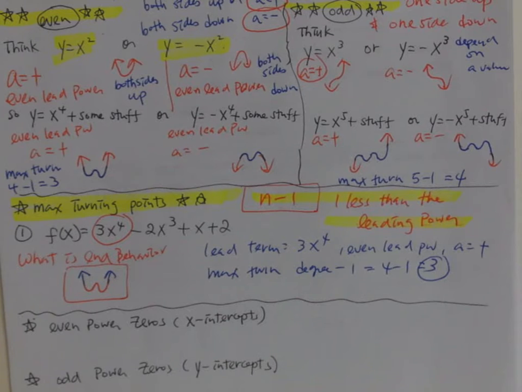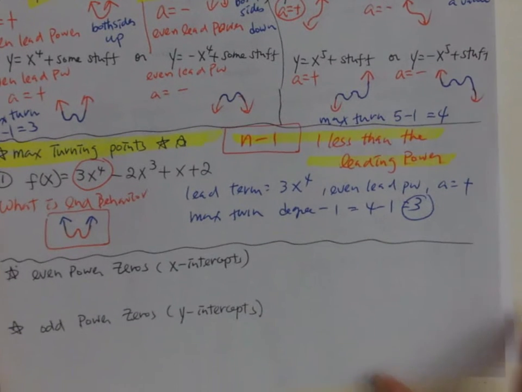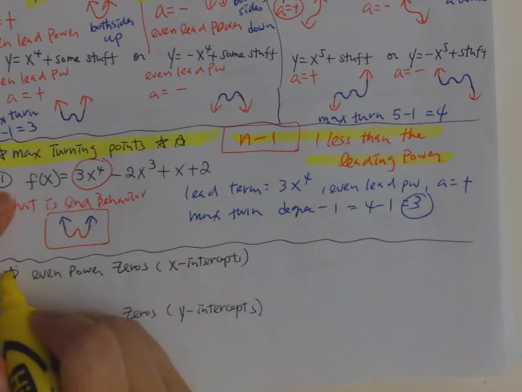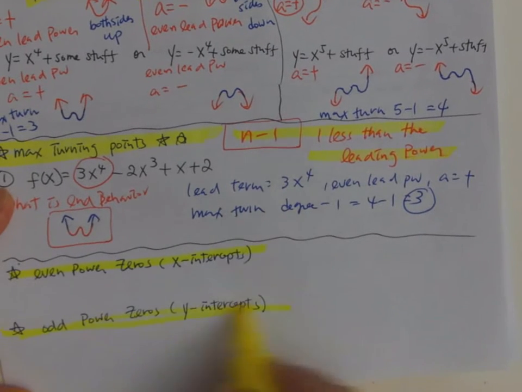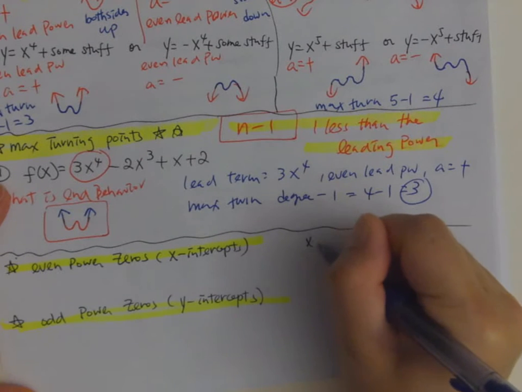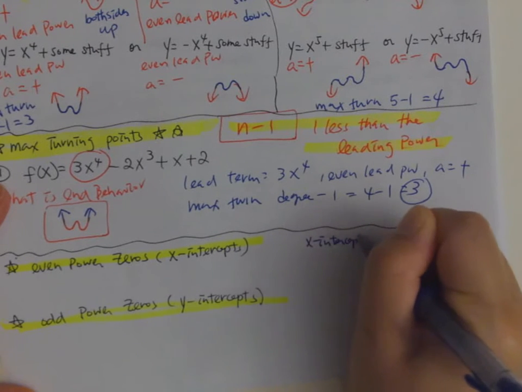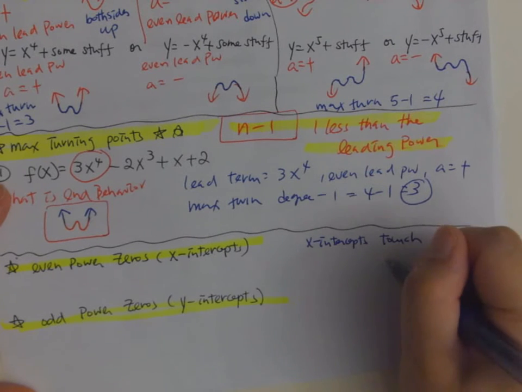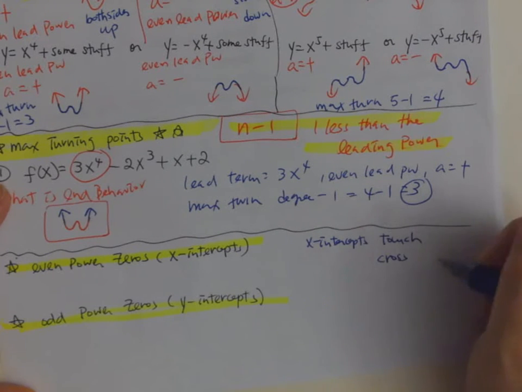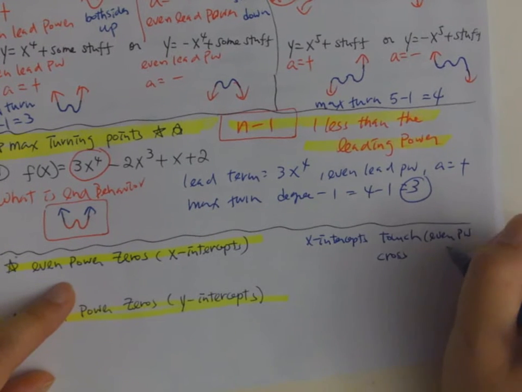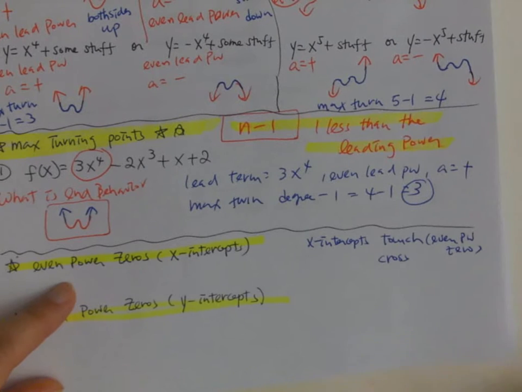Okay, so one more piece of information. This page is really important. This one is about whether the x-intercept is touching or crossing the graph. If you come with an even power zero, it's going to be touching.